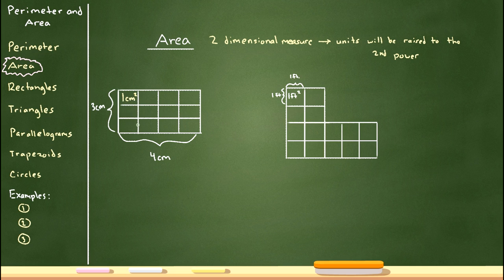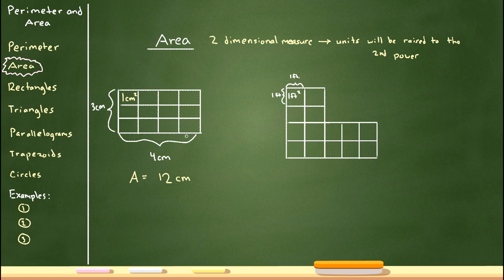And when you add up all these blocks, now how many blocks are inside of this figure? We have 12 blocks, so we're going to say A is equal to 12. All right, we have 12 blocks. Now the units, I have centimeters, right? But centimeters here, if I just write it like that, that's a one-dimensional measure, okay? That's like the distance along a line.